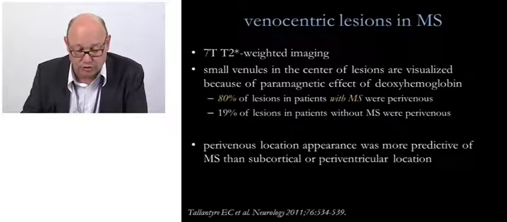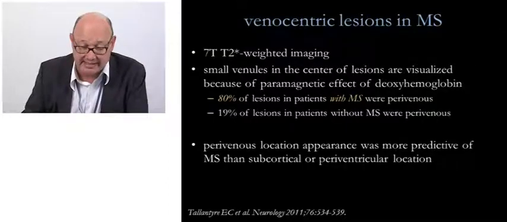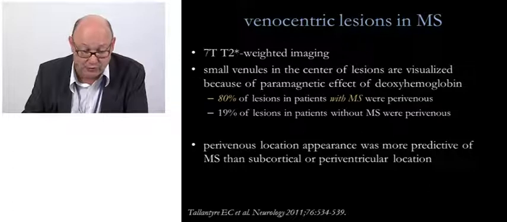This is another patient where you also see white matter lesions, but this is a patient with a vascular disease, and there you see that the lesions are not in a perivenular distribution as they are in MS patients. The nice thing is that we can see these lesions not only at 7 Tesla, but recently also at 3T.